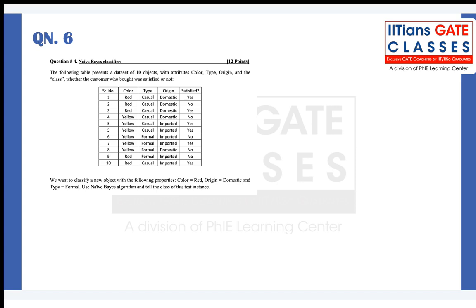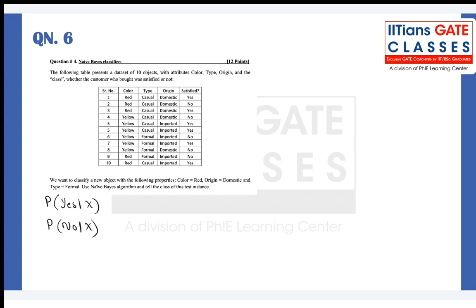Okay, expected you to solve, but fine. In this question, you will have to calculate two different things. First, you will have to calculate P of yes given x, and also you have to calculate P of no given x.